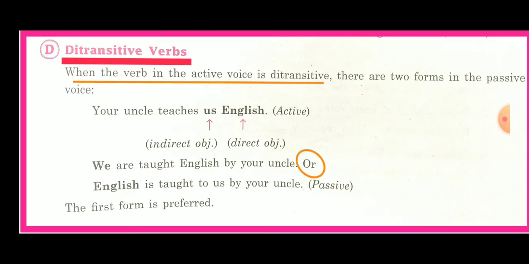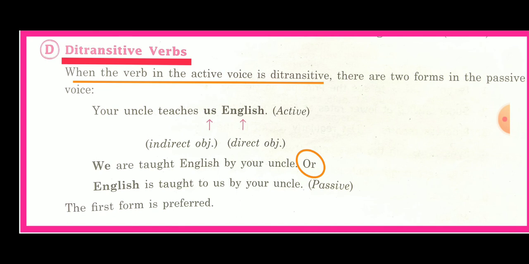Now, ditransitive verbs. As we have come to know, only transitive verbs can be changed into passive voice, but if the verb is ditransitive, meaning having two objects, then what will happen? The sentence can have two objects, like "Your uncle teaches us English."